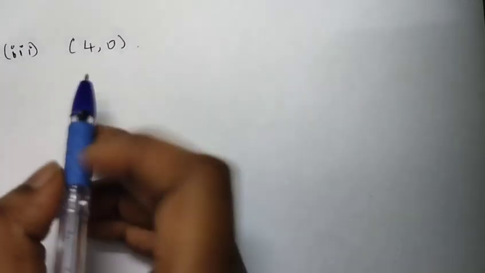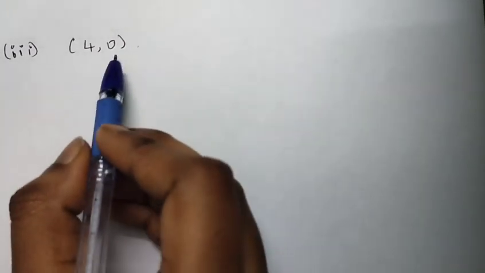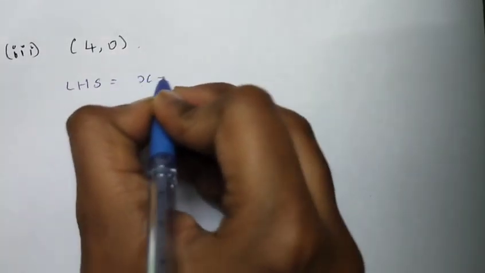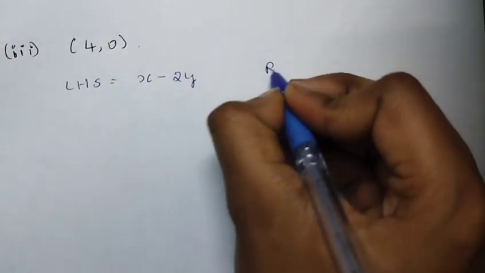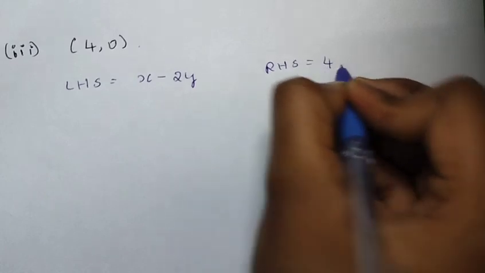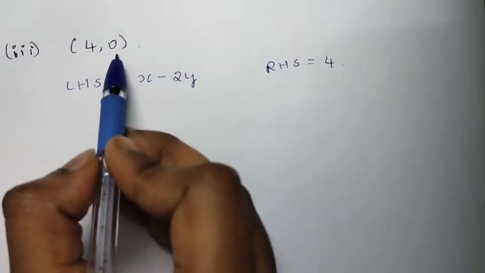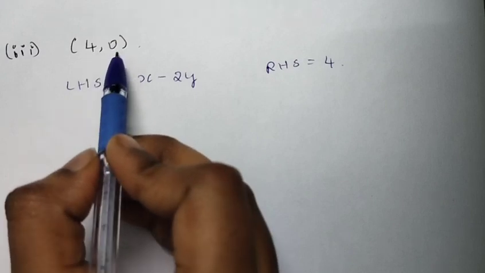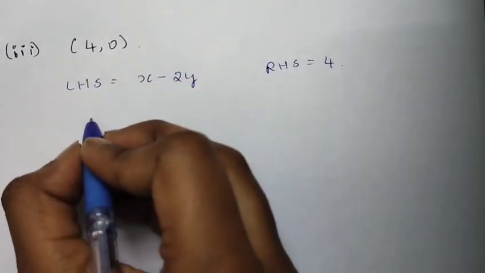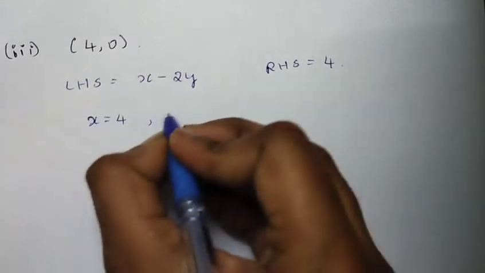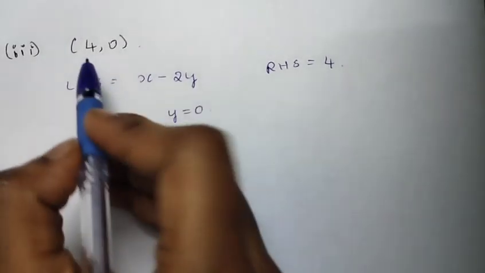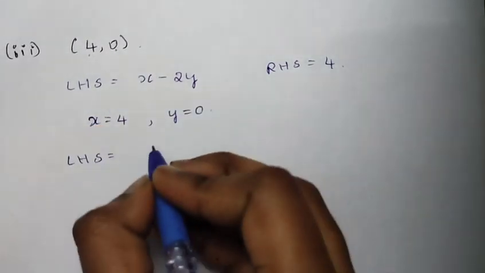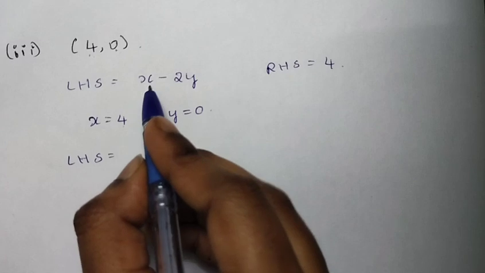Now we'll move on to the third pair of values, 4, 0. We know that the left hand side of the given equation is x minus 2y and the right hand side is equal to 4. We need to see whether this pair of values satisfies the equation or not. If it satisfies, then 4, 0 is the solution of the given equation. Here the value of x is equal to 4 and the value of y is equal to 0. If I substitute these values in the left hand side, the value of x is 4.